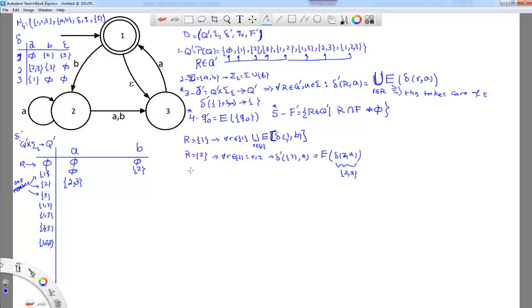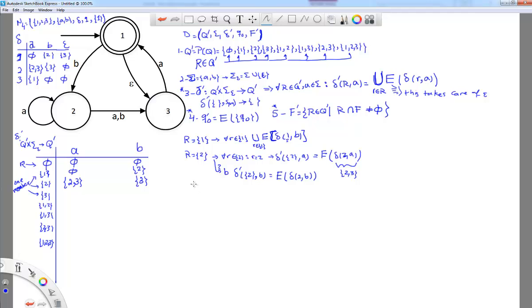How about for B? When the letter is B, delta prime of state 2 and B is effectively equal to E of delta of 2 and B. Now, delta of 2 and B goes to state 3, and there are no outgoing epsilon transitions, so it's going to transition into set 3.